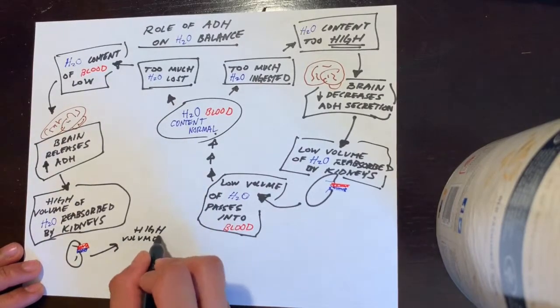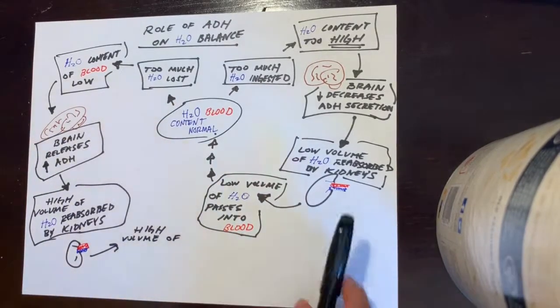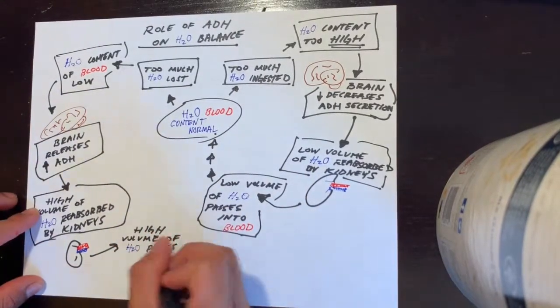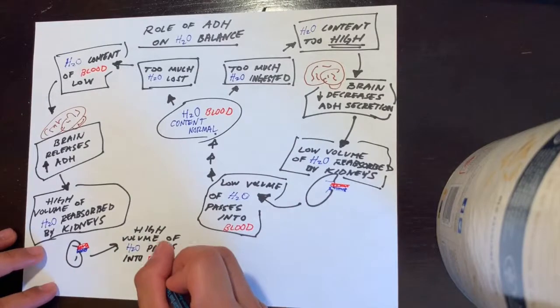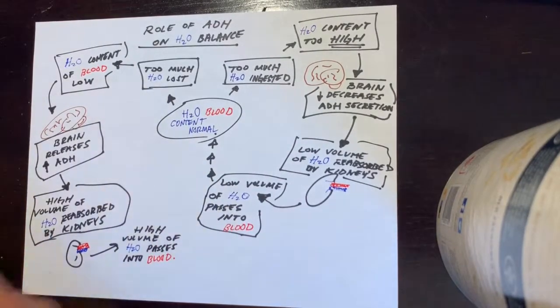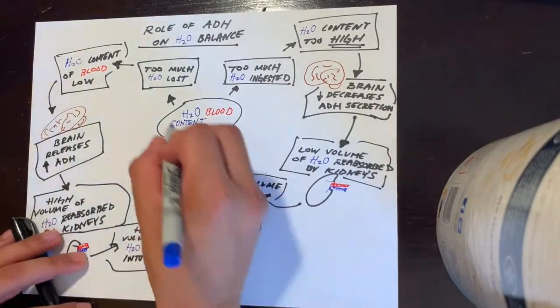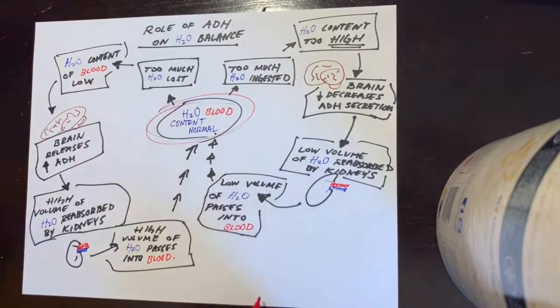And this means that there's a higher volume of water which passes back into the bloodstream. And our blood concentration returns to normal. That's how we achieve homeostasis, water balance.